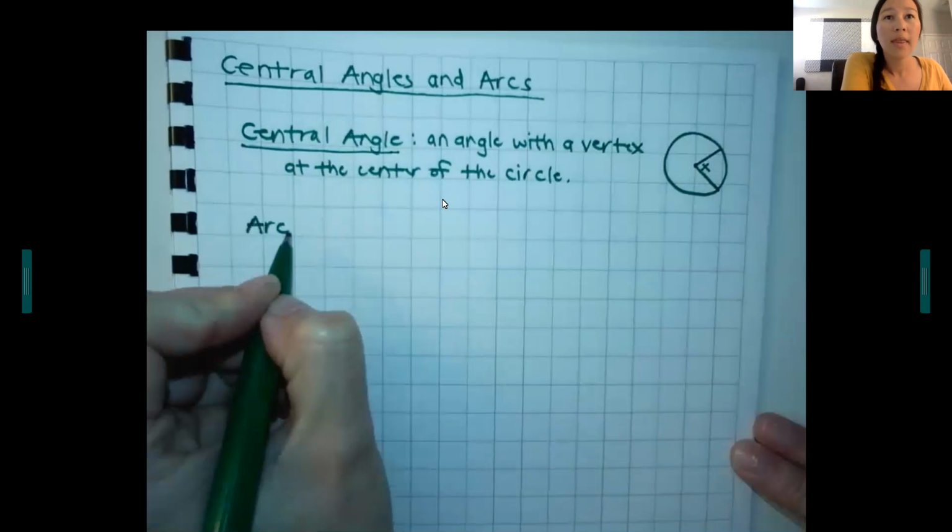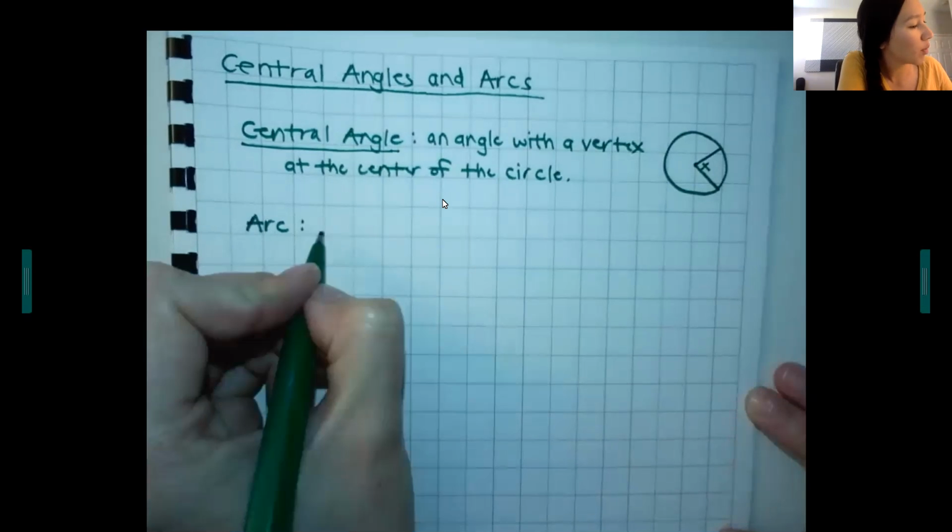And then an arc, that is part of a circle between two endpoints.